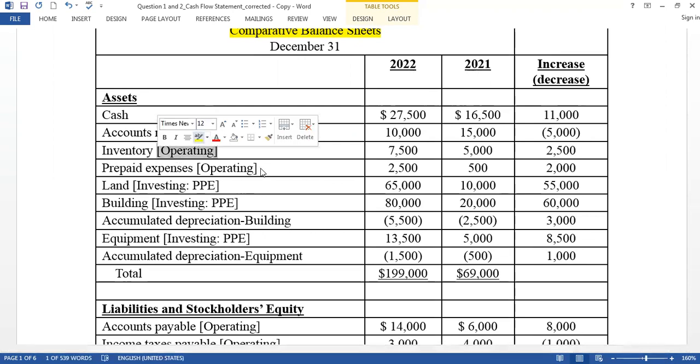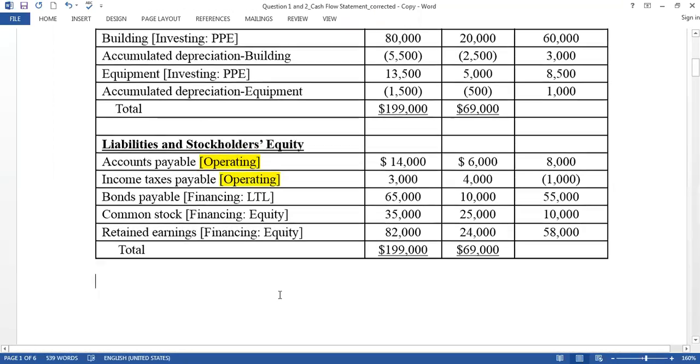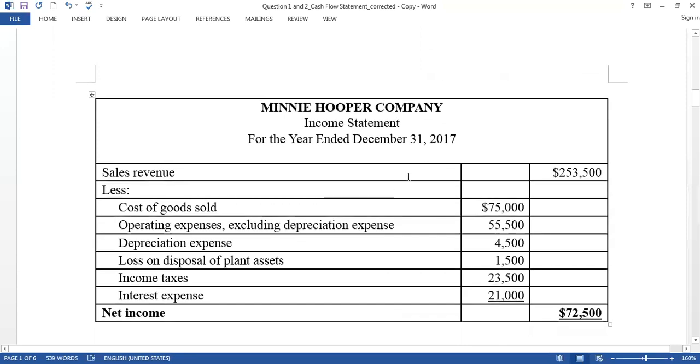So first I am going to solve the operating part. These are related with operating. Now the income statement, you know that the income statement is also related with operating.